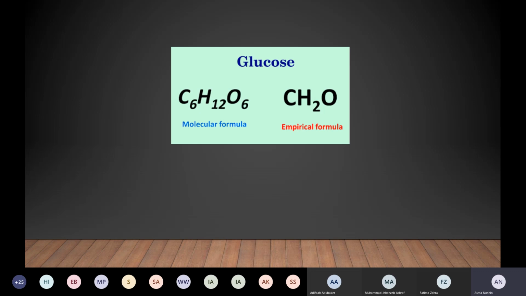And what about the molecular formula? If the empirical formula is the simplest ratio, what about the molecular formula? What are they? See, yeah, it is the actual ratio.